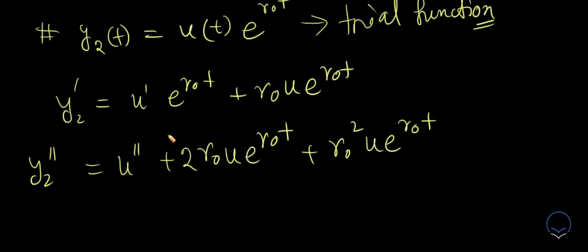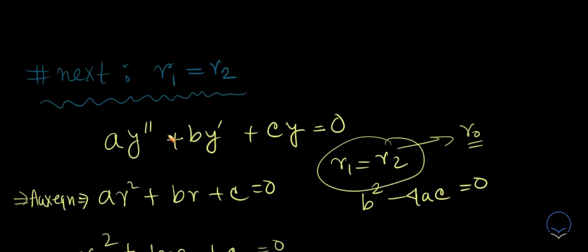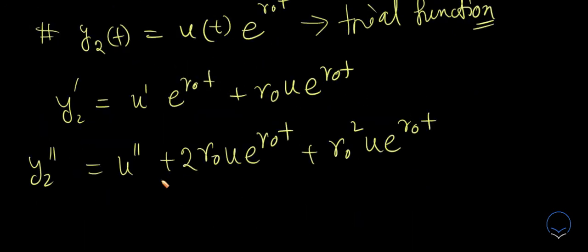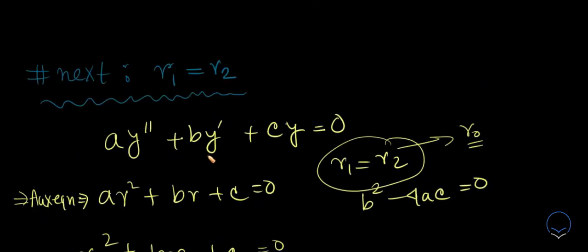Since we also want y2 to be a solution of the second order equation we're dealing with, you can put this y prime and y double prime in, and you will get some conditions out of that. So let's try to do it. We are putting all this y2 prime, y2 double prime into our main equation.